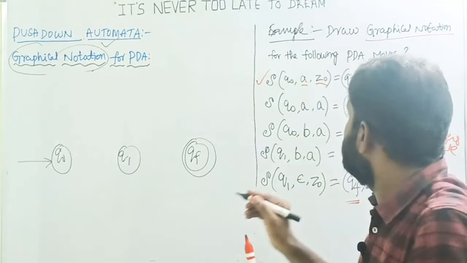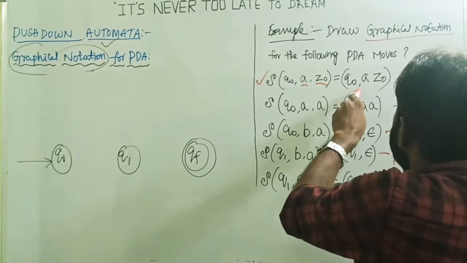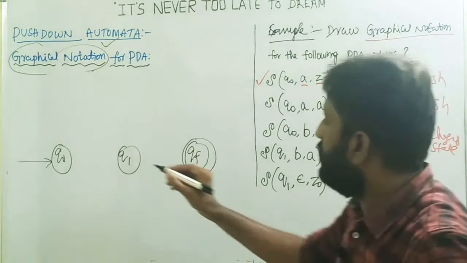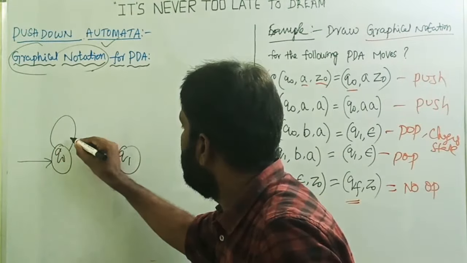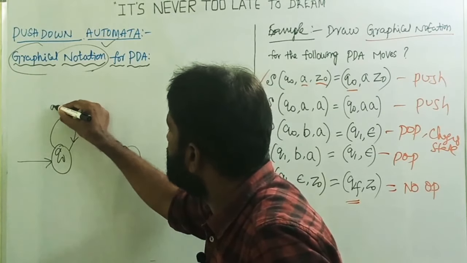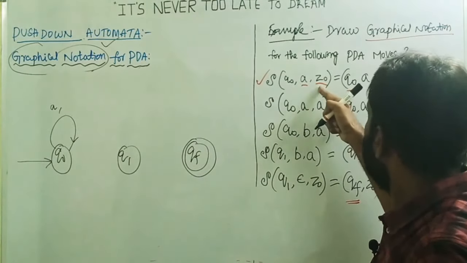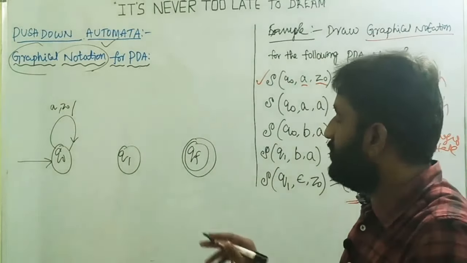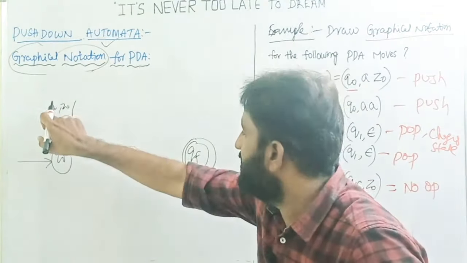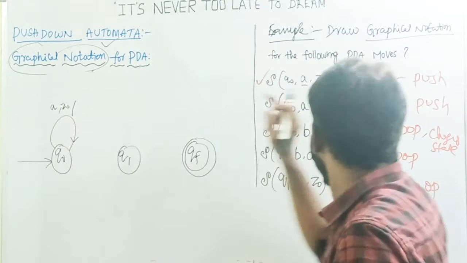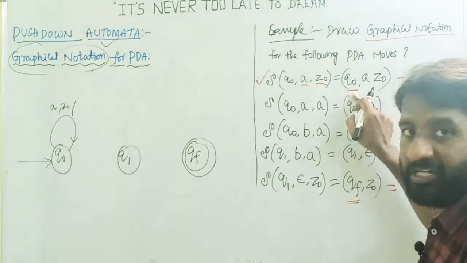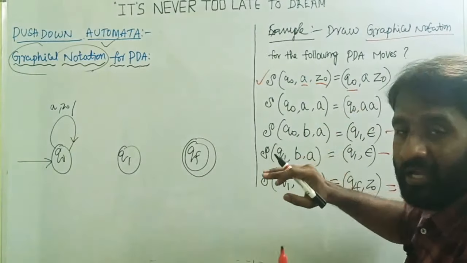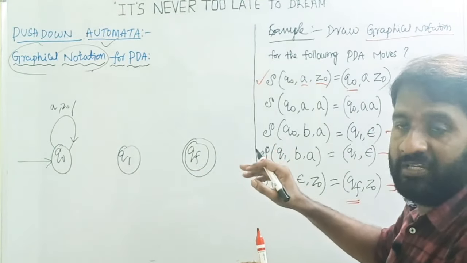This remains in the same state, so it is a self loop, labeled input symbol A, top of the stack Z0, slash. Present state is Q0, input symbol A, top of the stack Z0, and it remains in the same state Q0 by adding element A onto the stack, meaning a push operation.